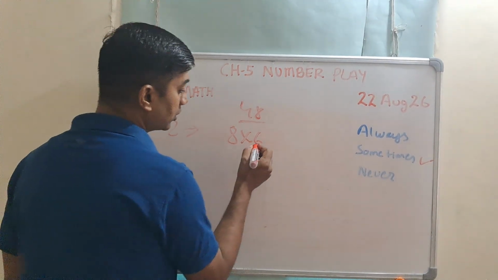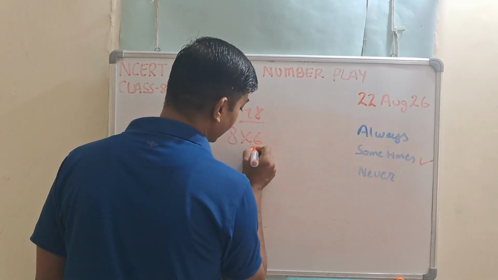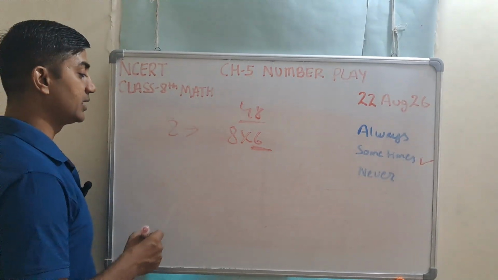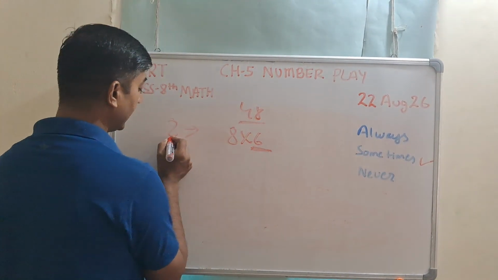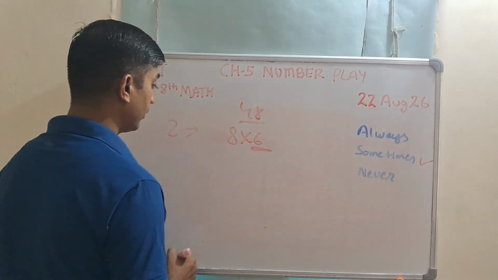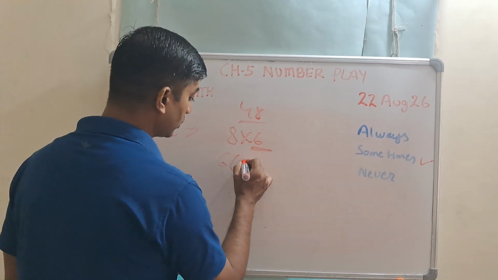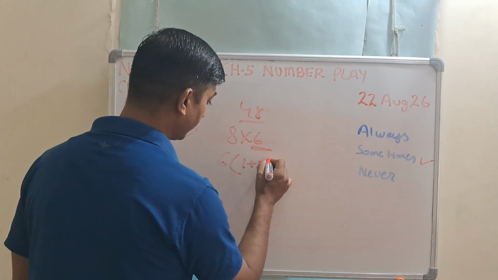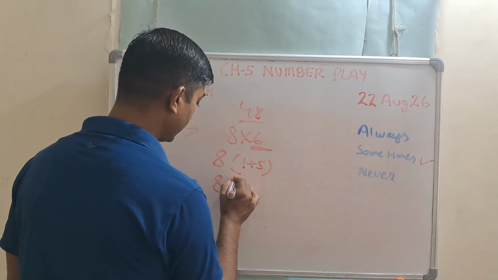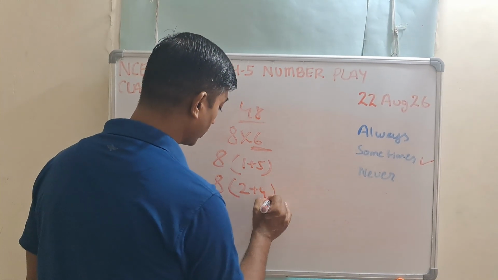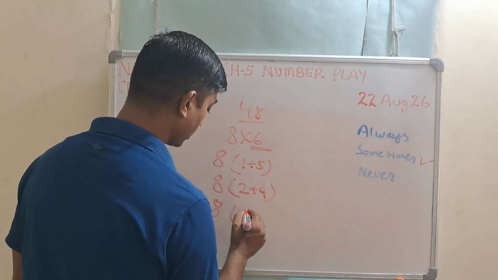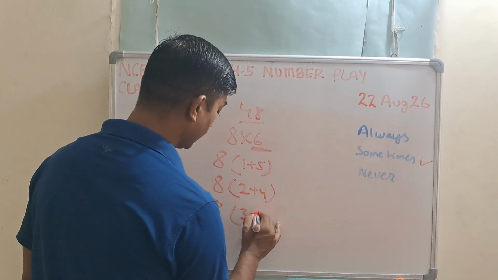Now represent 6 as the sum of any two numbers. Then the statement we have written is applicable: 8 into 1 plus 5, 8 into 2 plus 4, 8 into 3 plus 3.